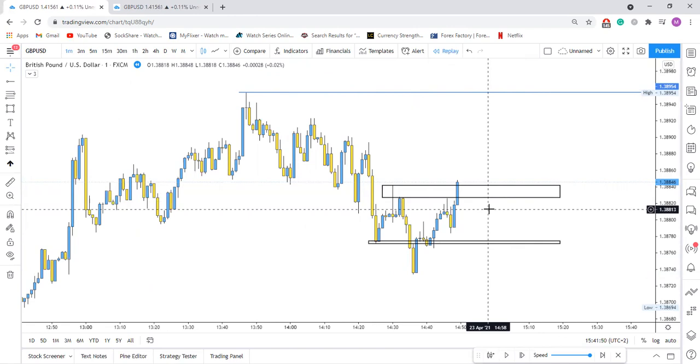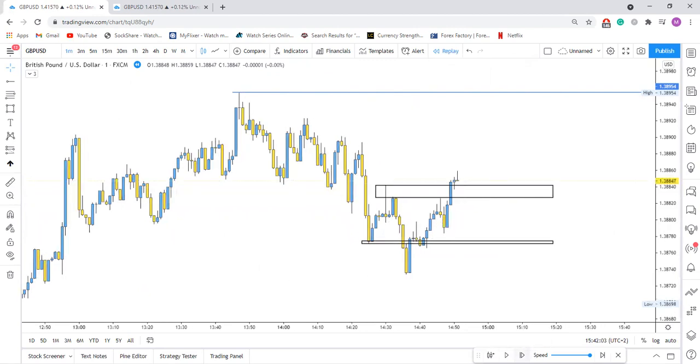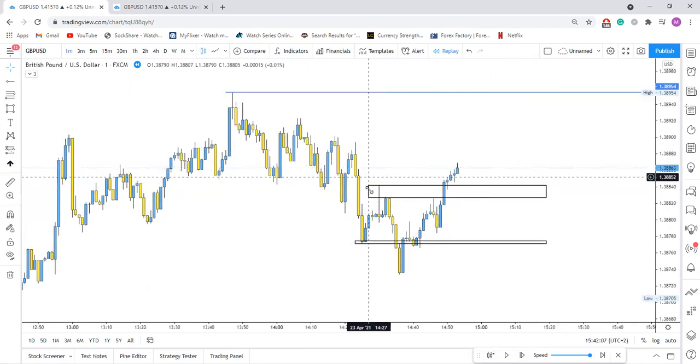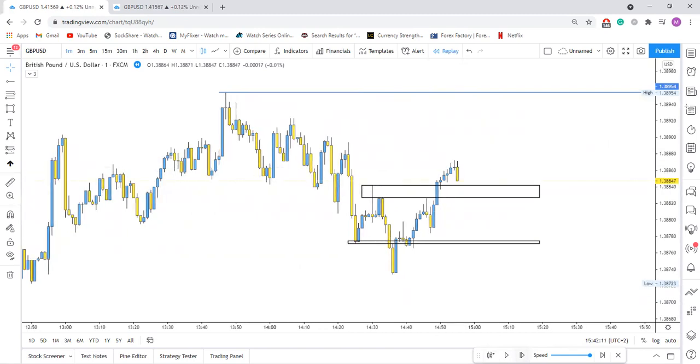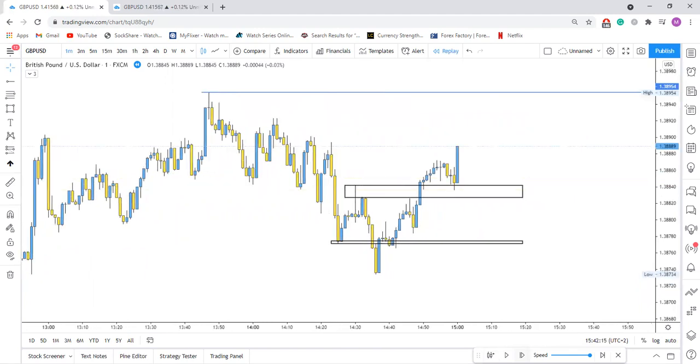Once the level is broken, it's more often than not going to move above that level again, just to either go get stops or just move against you. So we can see a break above this level. Let's see what happens here.